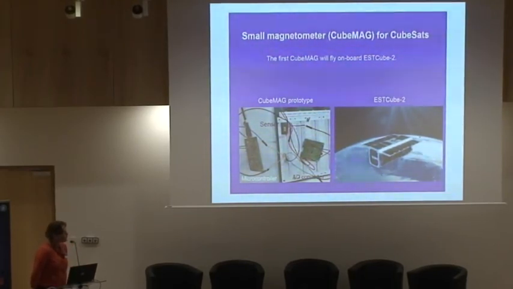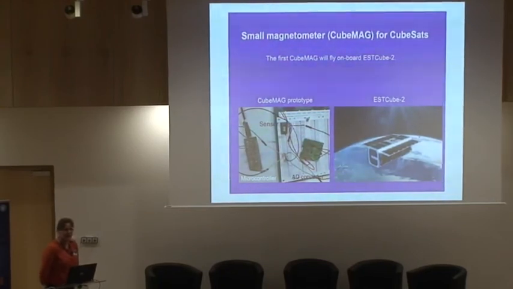Actually, we could already use CubeSat altitude magnetometer data for scientific quality analysis, but it's very much more challenging because of the lacking calibration routines and all that. But building a scientific quality magnetometer and taking it on board CubeSats, that would give us really valuable information on space weather and space climate.